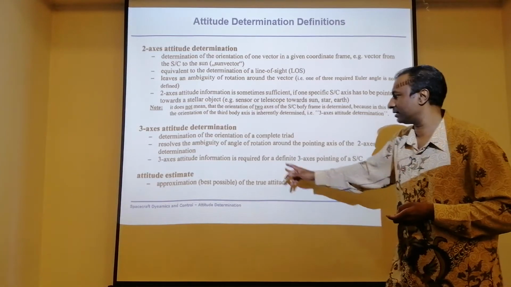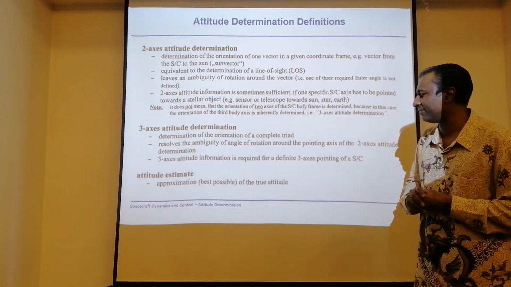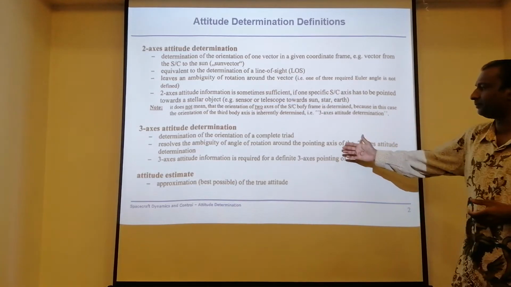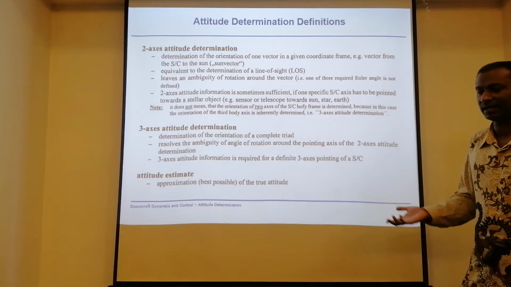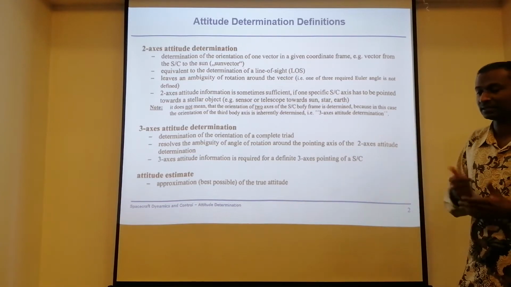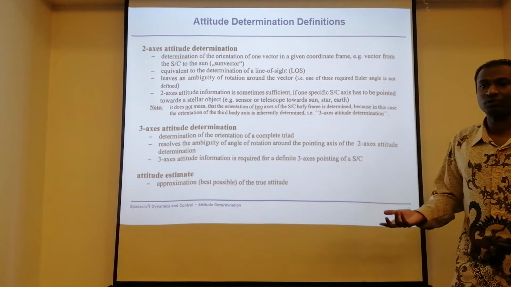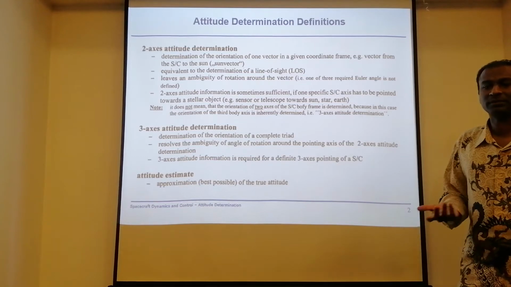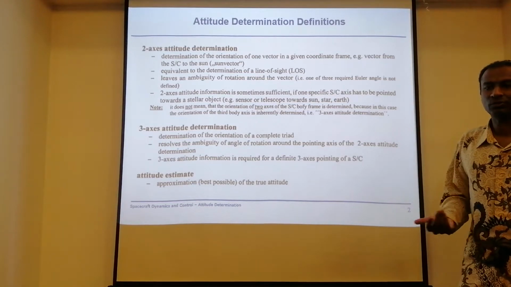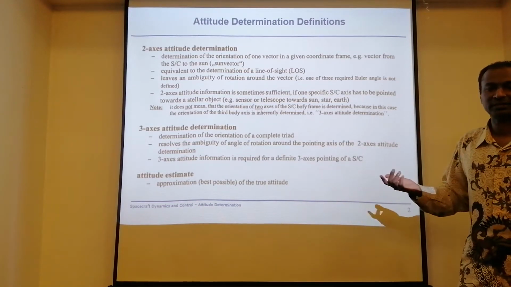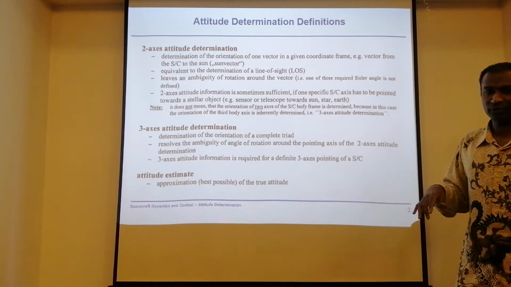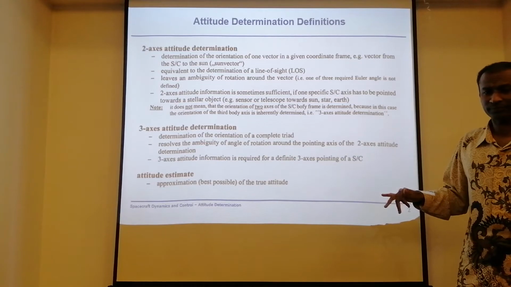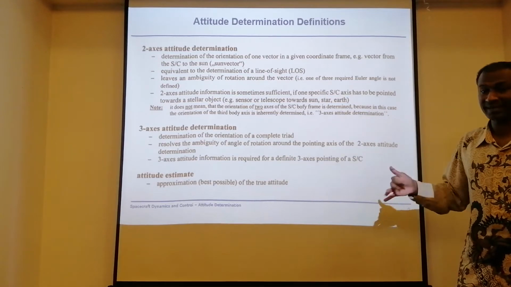So for three-axis attitude determination, I can have a sun sensor, for example, and then also add a gyro to the yaw axis. When I have a sun sensor along the z-axis, I should be able to sense the roll and the pitch motion.